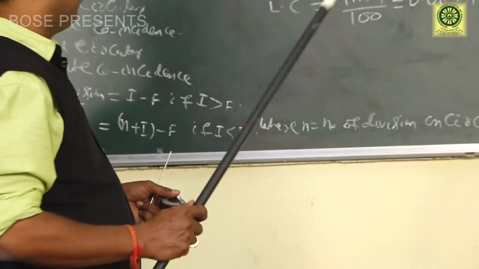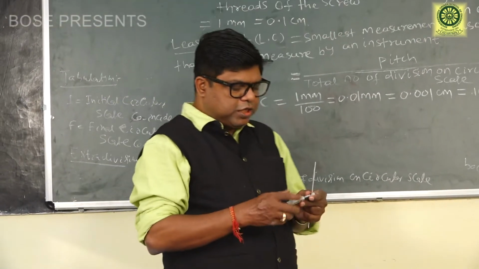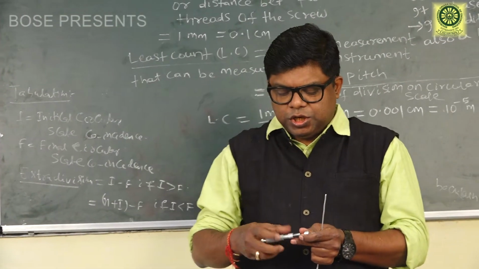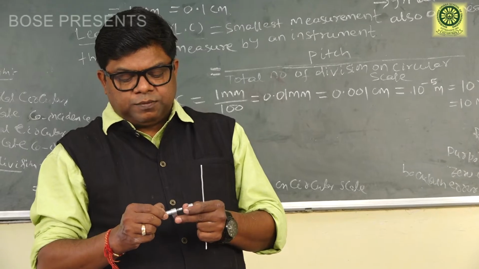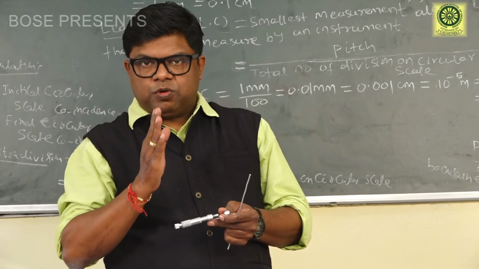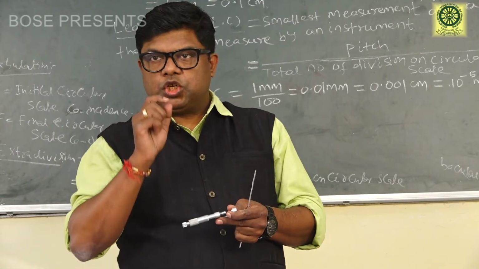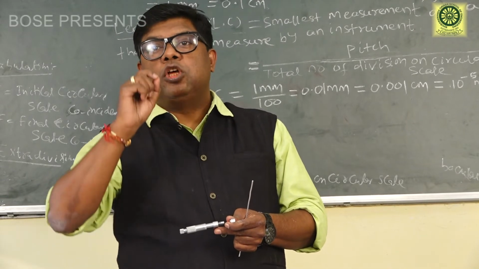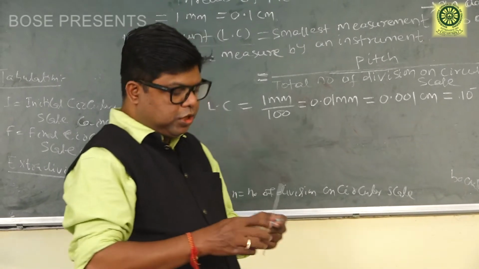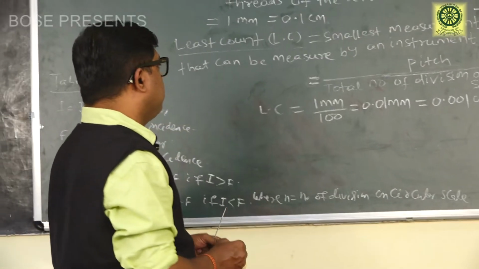Actually, you know that on this linear scale, or pitch scale, there is 1 centimeter, divided into 10 parts. Each part is 0.1 centimeter or 1 millimeter. That is the smallest measurement, 1 millimeter, and that is the pitch.